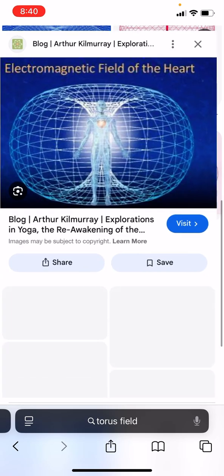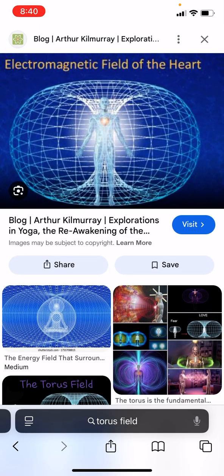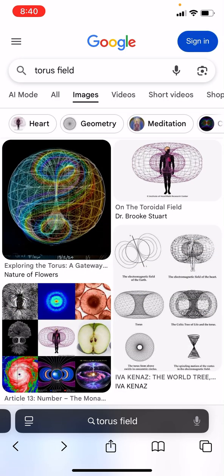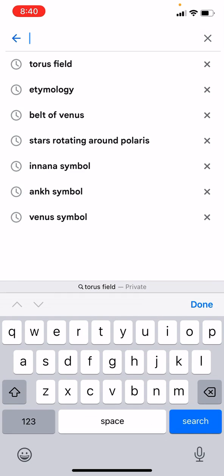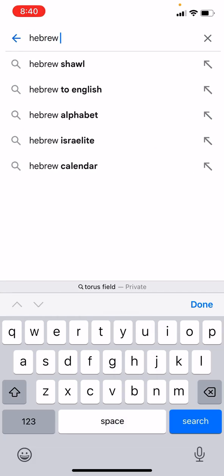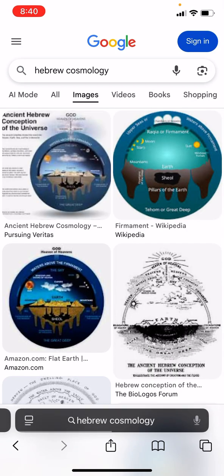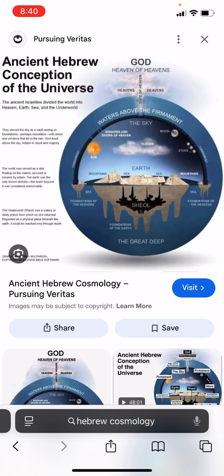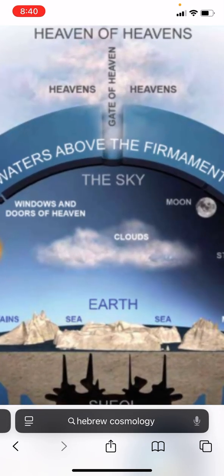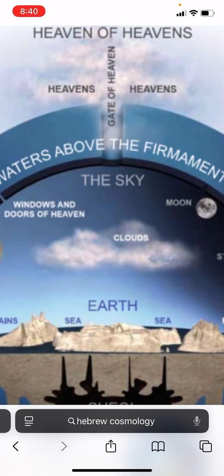This is the reason why the Most High can't be limited to one thing, especially the North Pole. When you take a look at the Hebrew cosmology, you can see that the sky is opened up, right?